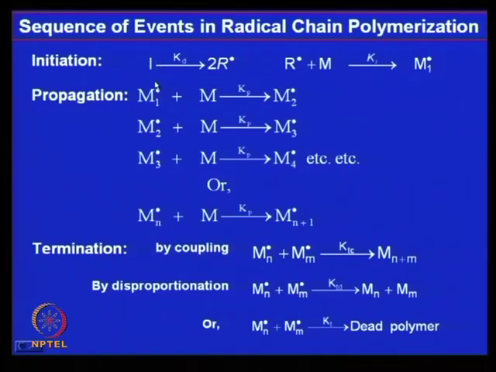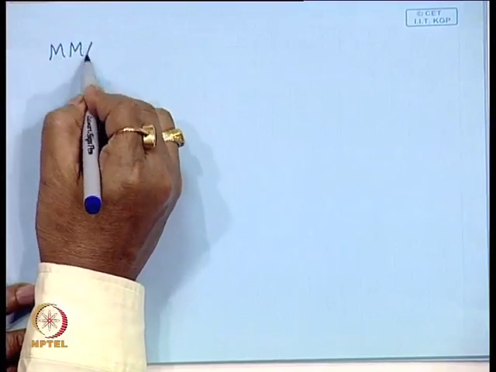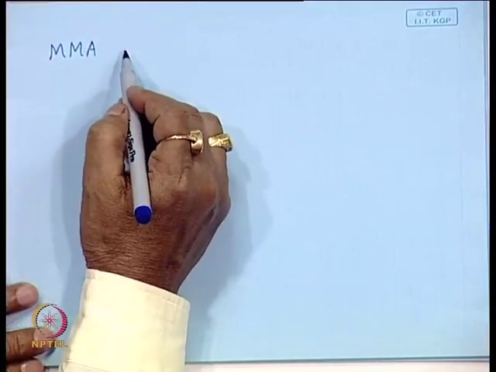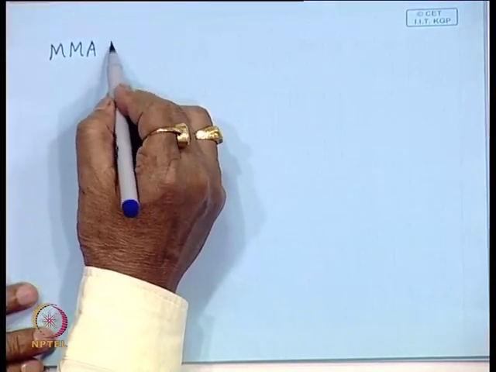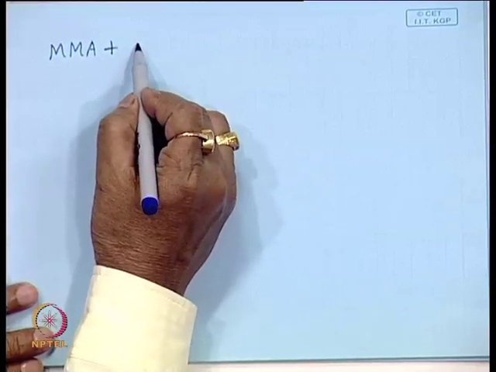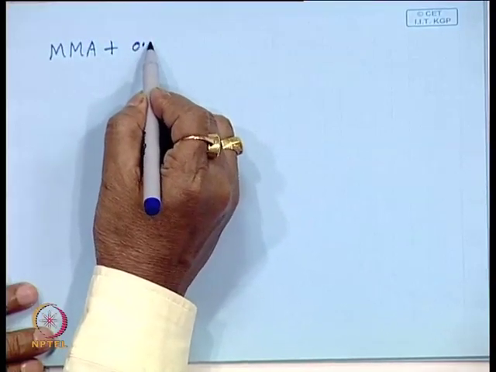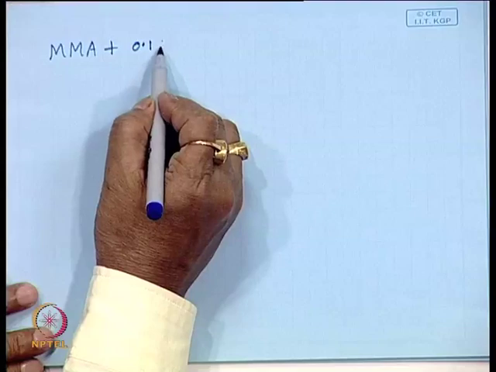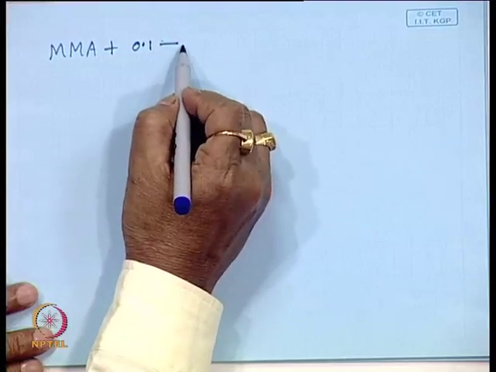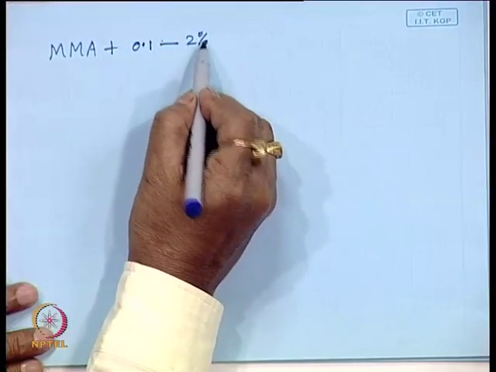In a typical polymerization of a vinyl monomer, say methyl methacrylate, MMA, the initiator used is say 0.1%, 1 to say 2% initiator concentration.